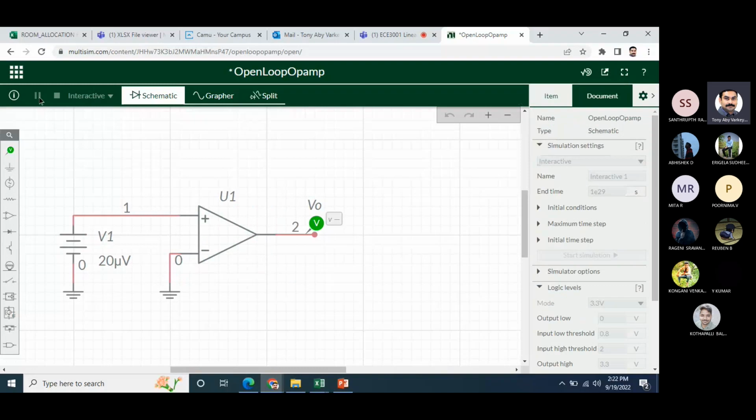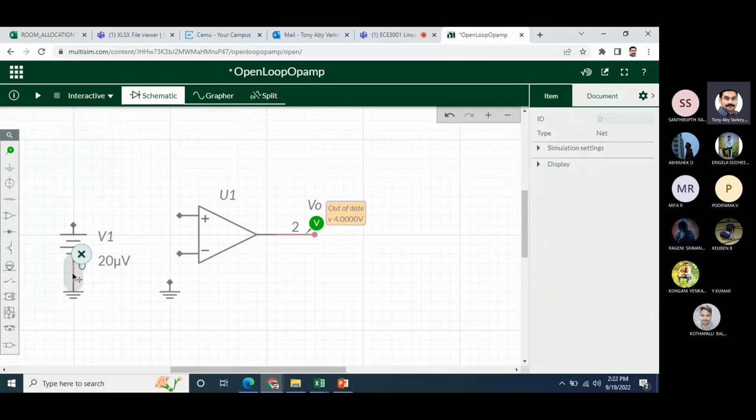We'll run this and you can see that, oh sorry, it has to be connected to the inverting terminal, correct?